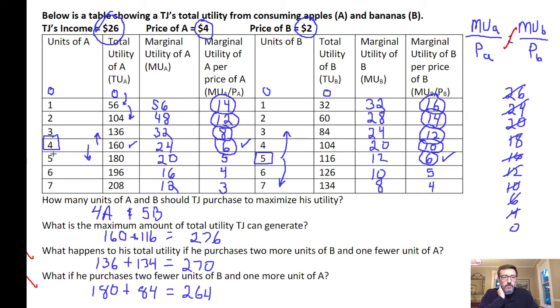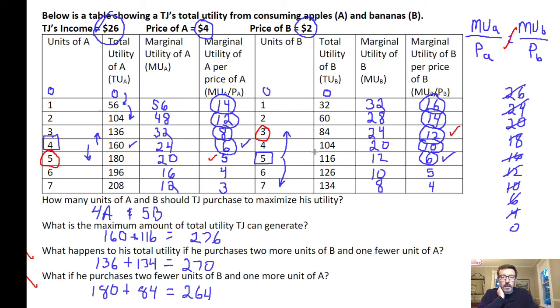So let's just take a look real quick at 5 apples and 3 bananas. Now we can afford that. That would use up all $26. But you'll notice here that if we were currently consuming 5 apples, our marginal utility per dollar of apples is 5. And if we were consuming 3 bananas, our marginal utility per dollar spent on bananas is 12.